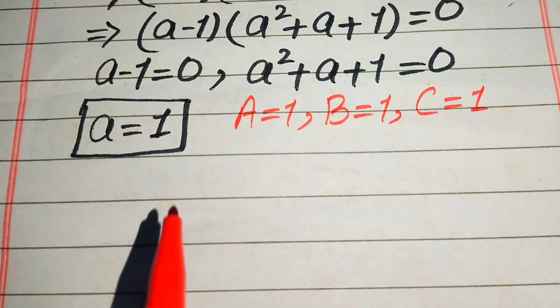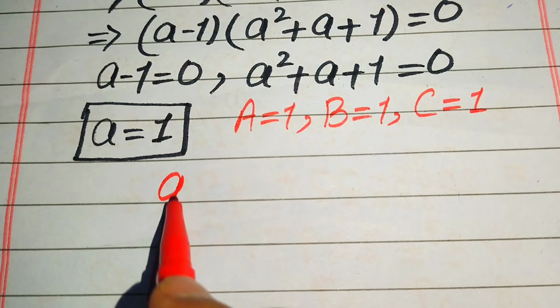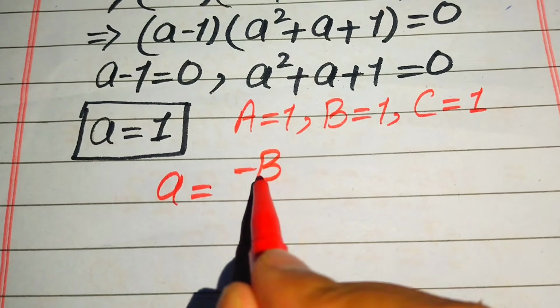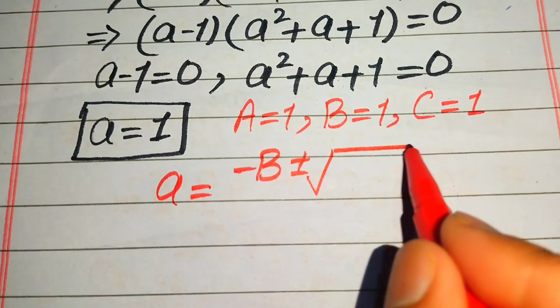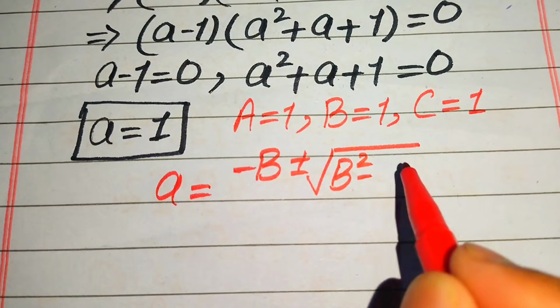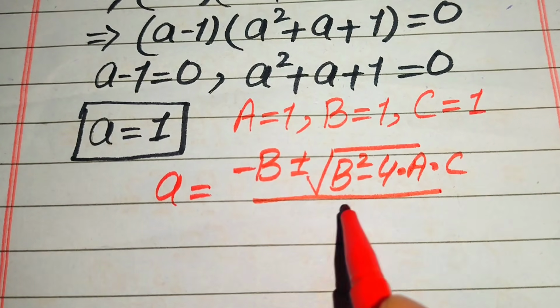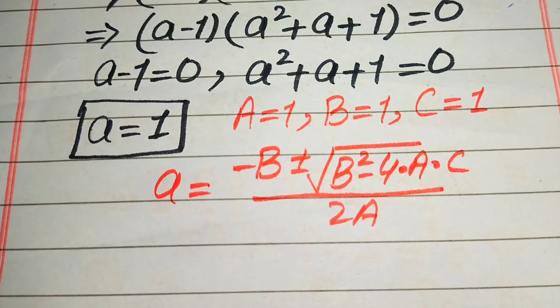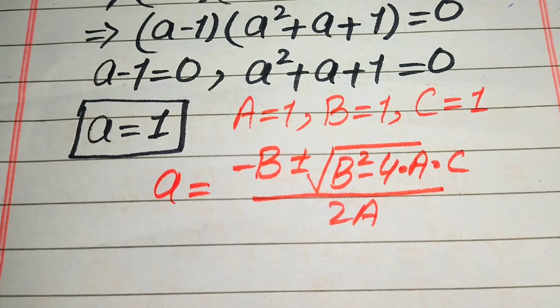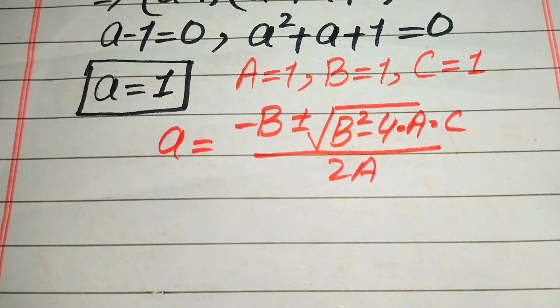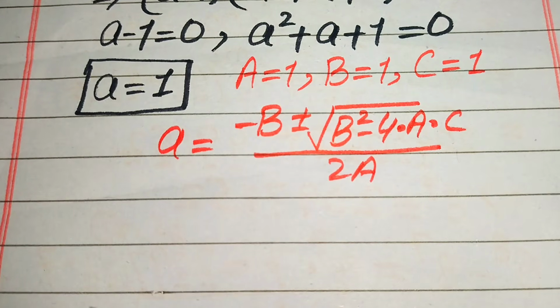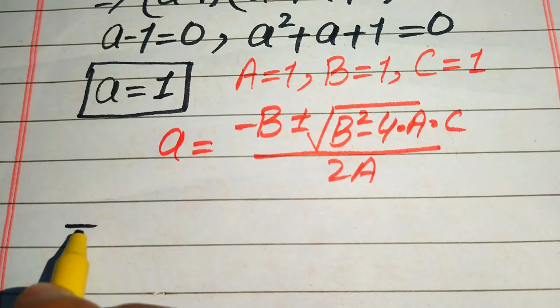We state the quadratic formula as a is equal to minus b plus or minus square root of b squared minus 4ac, divided by 2a. Here we substitute all the values of a, b, and c, and we get our final answer.